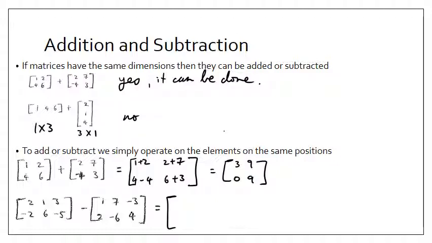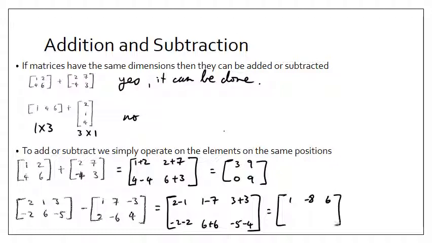We do it element by element, so that's 2 minus 1, 1 minus 7, 3 plus 3, negative 2 minus 2, 6 plus 6, and then negative 5 minus 4. Oh, sorry, it's subtracting, isn't it? So then we have 1, negative 8, 6, and then negative 4, 12, negative 9.